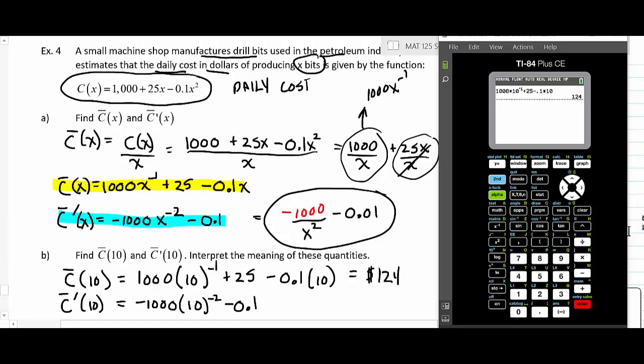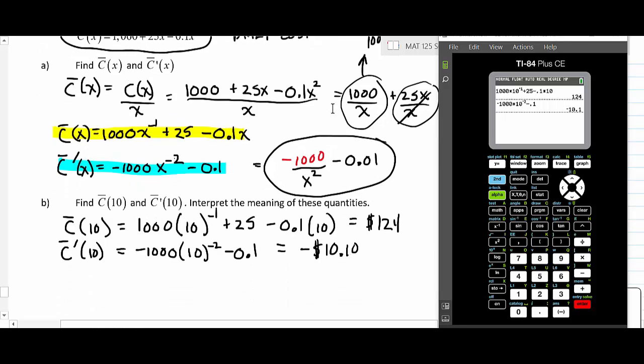I'm going to type that in as negative 1,000 times 10 raised to the negative 2, then come out of the exponent and put minus 0.1. So that's going to give about negative $10.10. That's what you should be getting when you do the calculation.